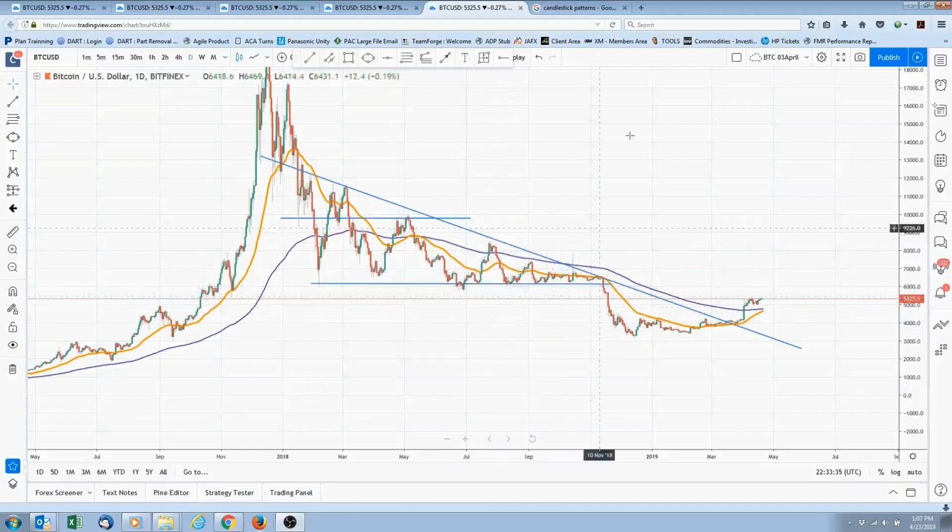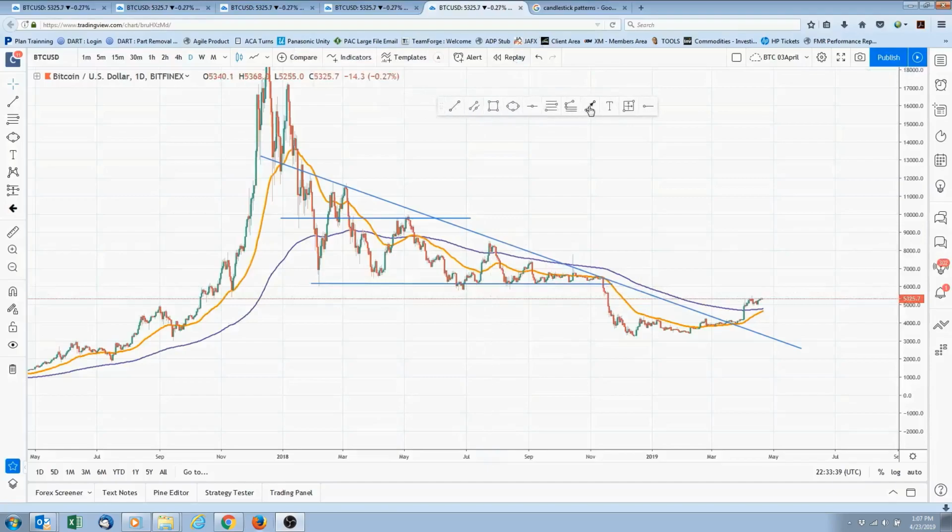We can see here again it was tested. So I'm going to draw a little line here. You can see this is proof of support. This is proof of resistance right here. See how I touched here twice? That's proof of resistance.